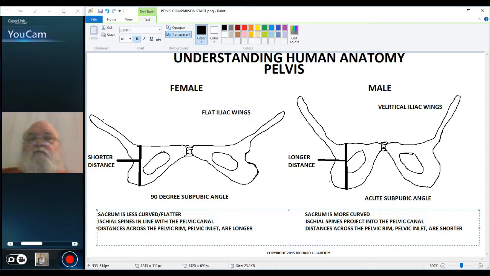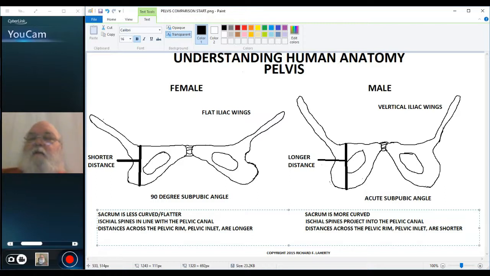Now, when you try and tell the difference between a male and female pelvis, you really should look at several characteristics, because any one characteristic may be abnormal.